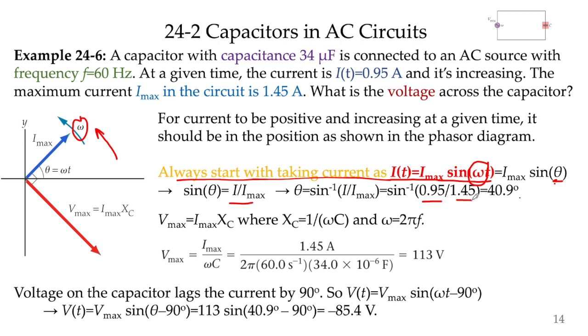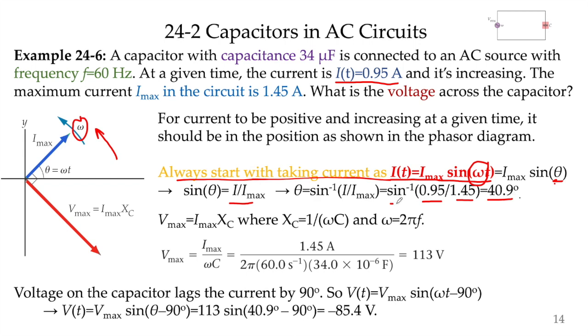The maximum is given as 1.45 amperes. If you make this calculation, you're going to find the angle is 40.9. It's this theta angle. So at the time the current is 0.95 amperes, this angle here is 40.9 degrees.